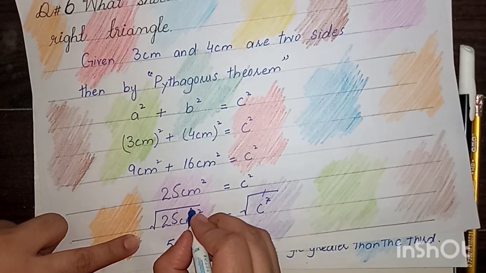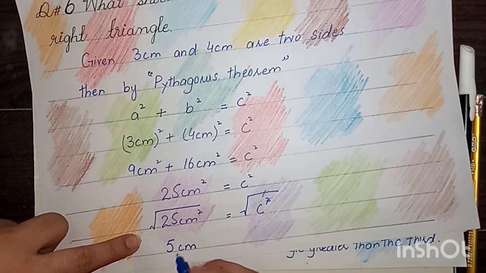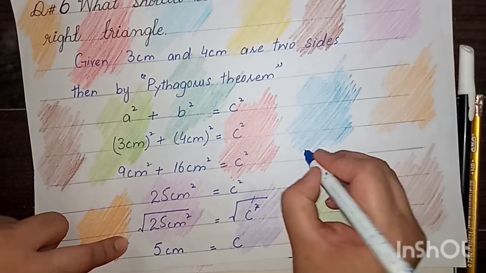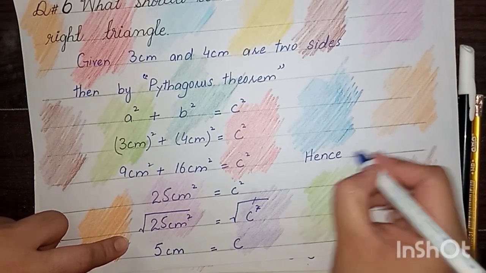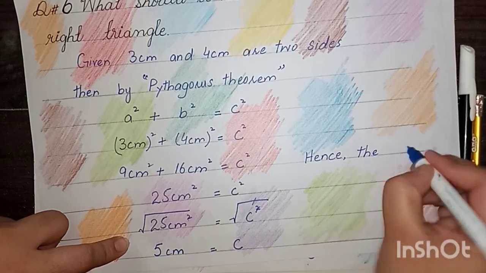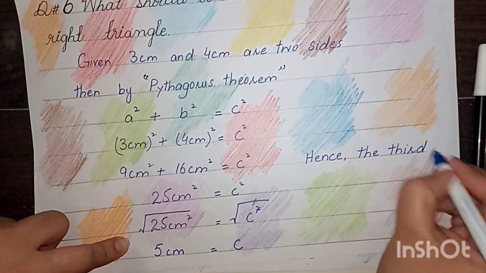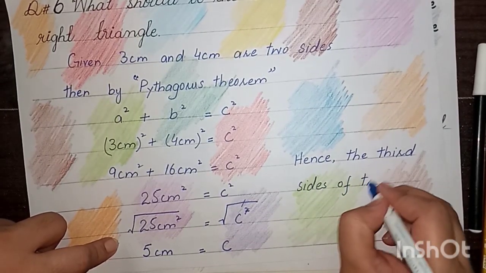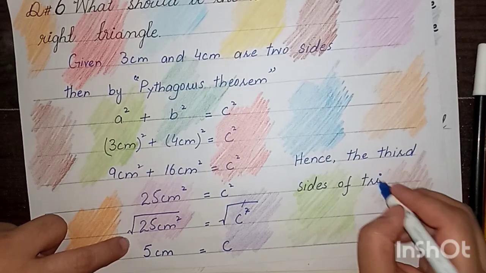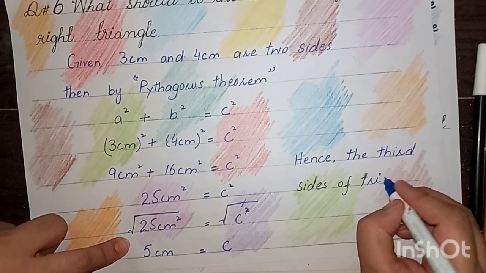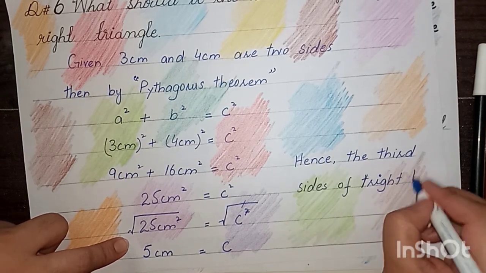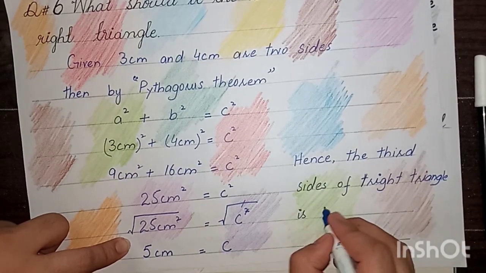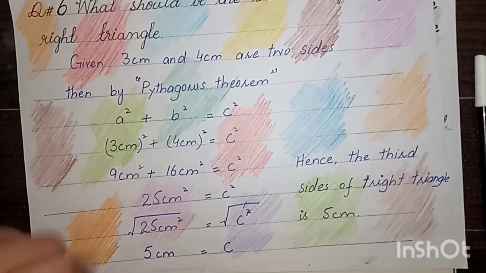So 5 cm is equal to C. Hence the third side of the right triangle is 5 cm.